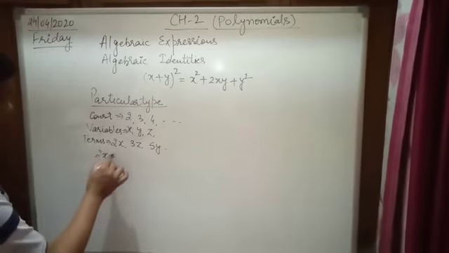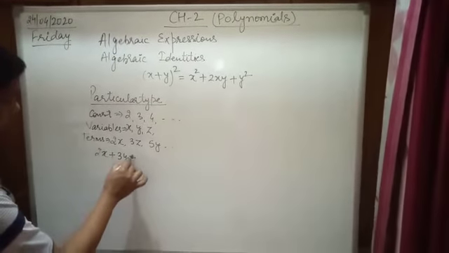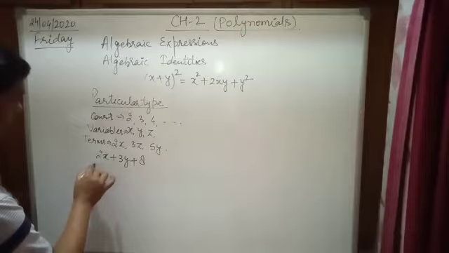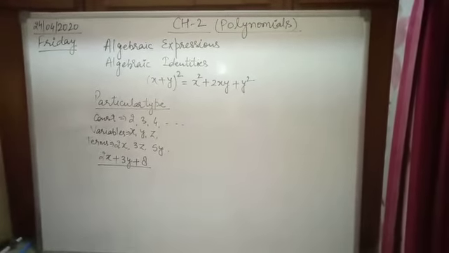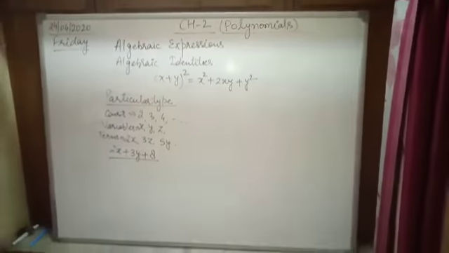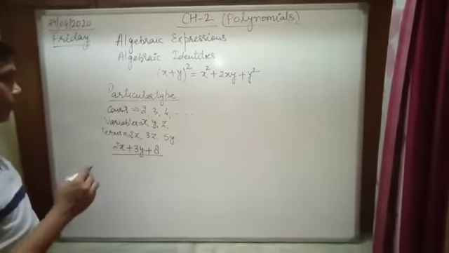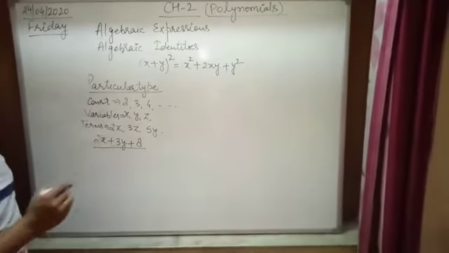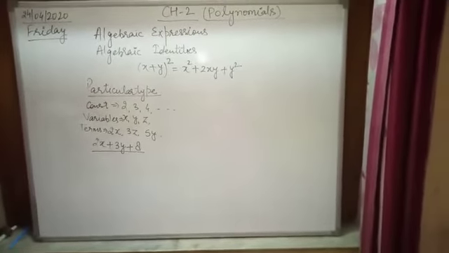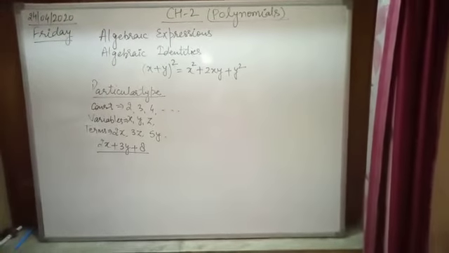We are writing here 2x plus 3y plus 8. This is a polynomial of 3 terms.